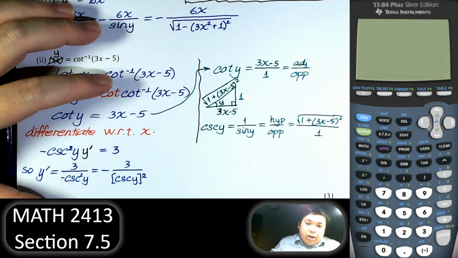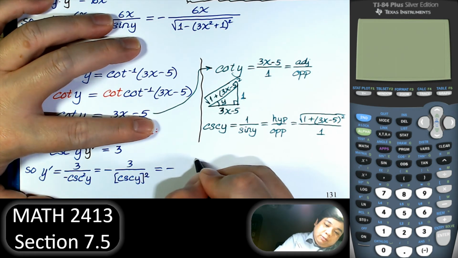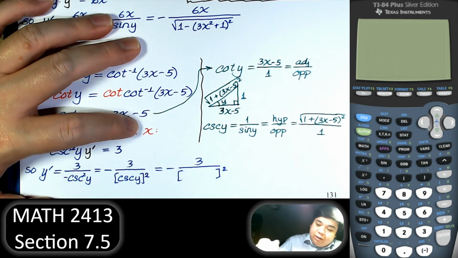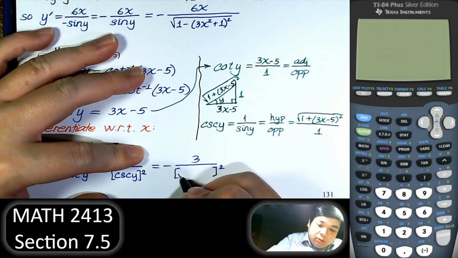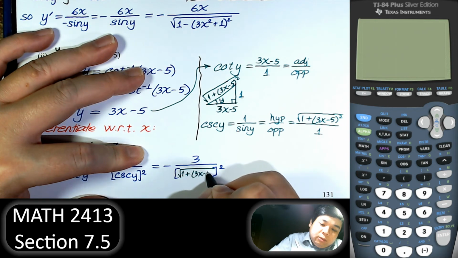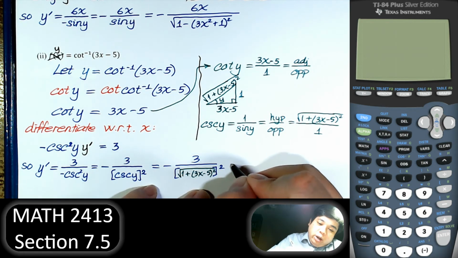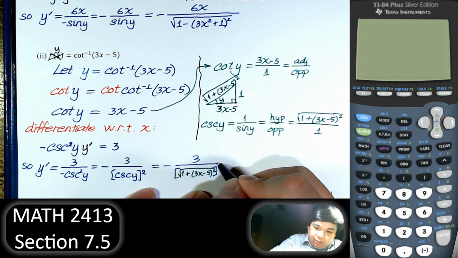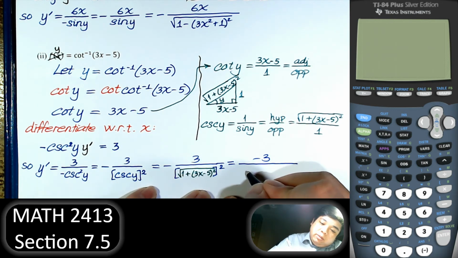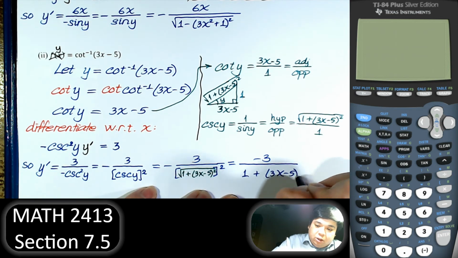Of course, dividing by 1 is itself. So I just have the square root. Squared cancels the square root. So we end up with negative 3 on top, and at the bottom 1 plus (3x minus 5) squared.